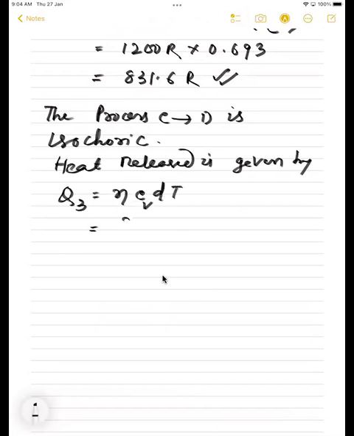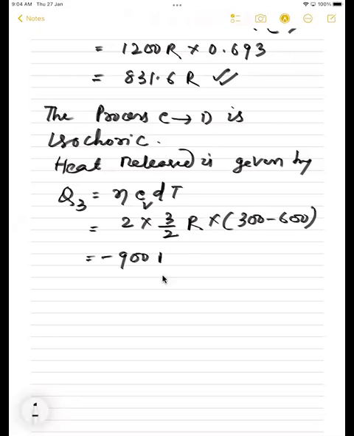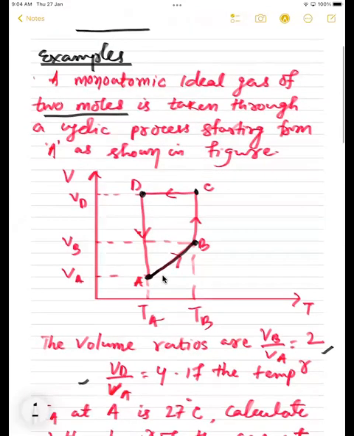That is equal to 2 into 3R by 2 into the change in temperature, 300 minus 600 because it is decreasing. So that will be minus 900 R. Understood?